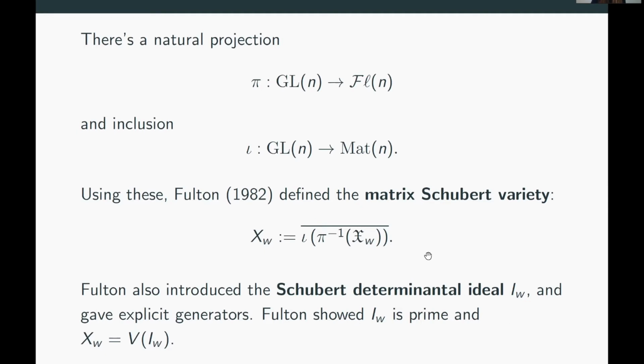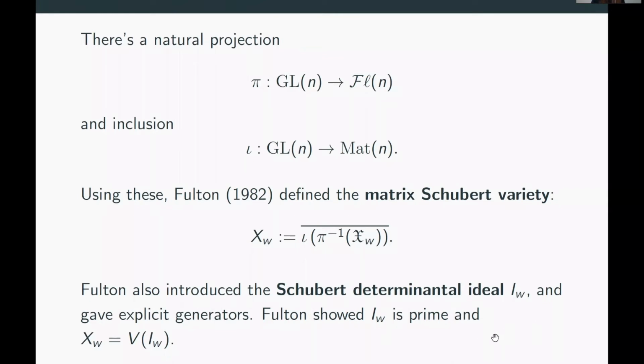So there are also more concrete ways of defining this in terms of certain rank conditions on northwest submatrices of this locus of matrices in the space of n by n matrices. There's also a corresponding Schubert determinantal ideal, and Fulton gave a very explicit, nice generating set that generalizes the ideas of determinantal ideals. And so this Schubert determinantal ideal is prime.